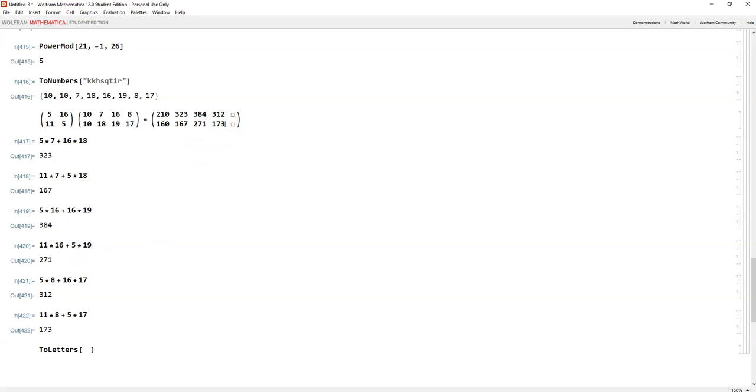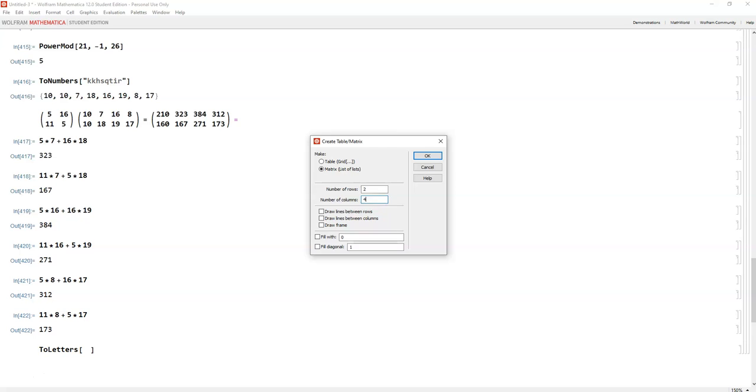Okay, 173. Okay, so there is my first matrix, and now I need to reduce that mod 26.